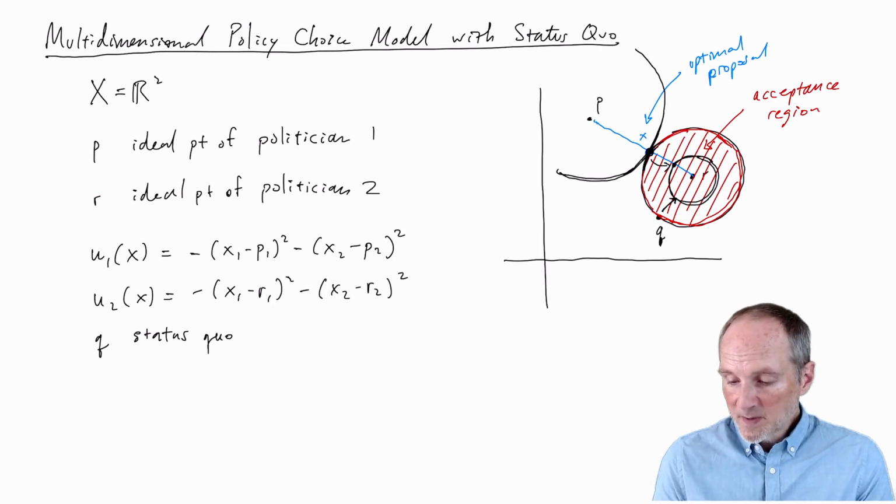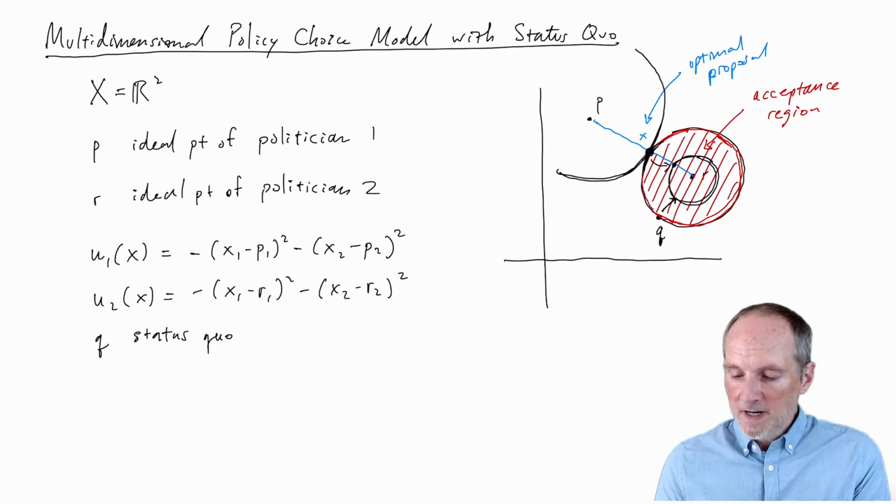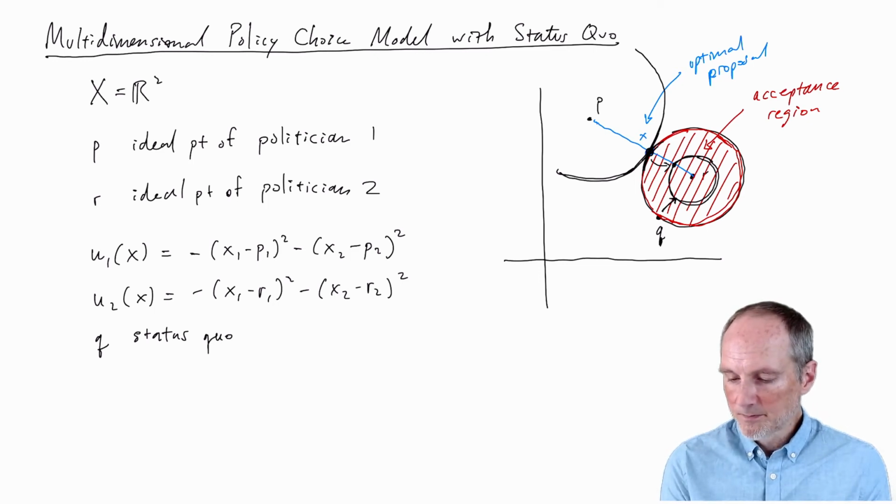When the status quo becomes better for politician 2, it gives them more leverage. They can be more demanding, and politician 1 has to compromise more. They still get something better than the status quo, and it's still Pareto efficient, but now it's closer to the ideal point of politician 2.